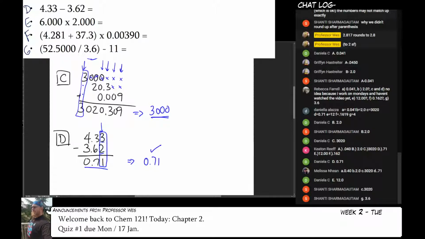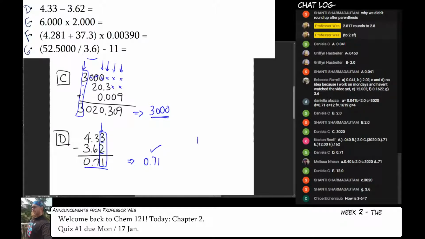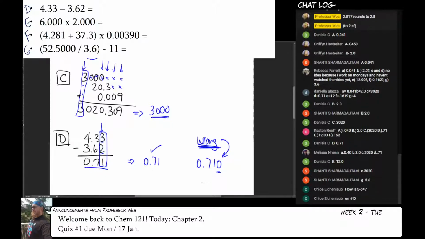What is not the correct answer, I'm going to do this, is to write this. Why is this answer wrong? How is 3 minus 6 equals 7? It's 13 minus 6 equals 7 because we're borrowing.